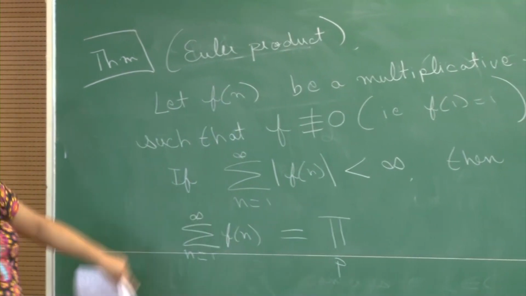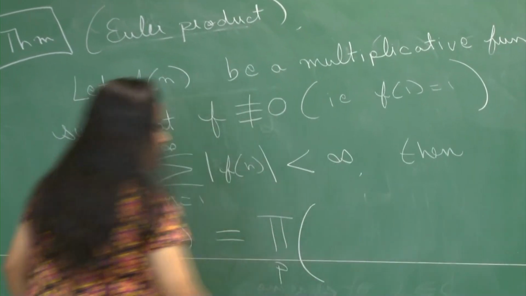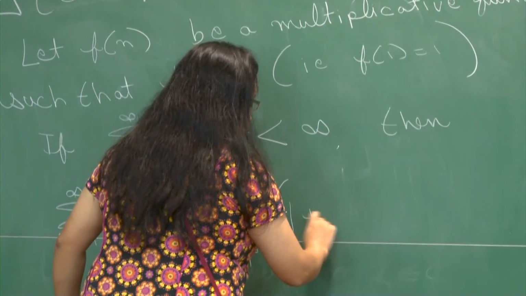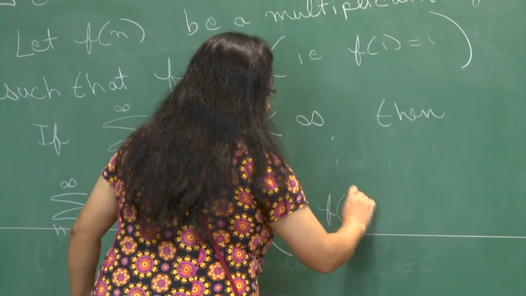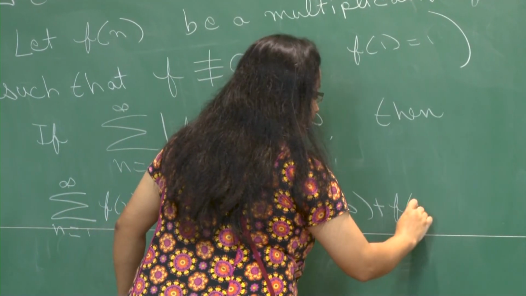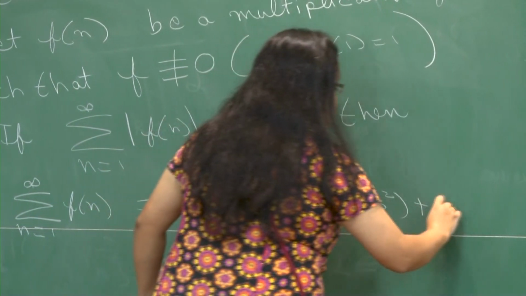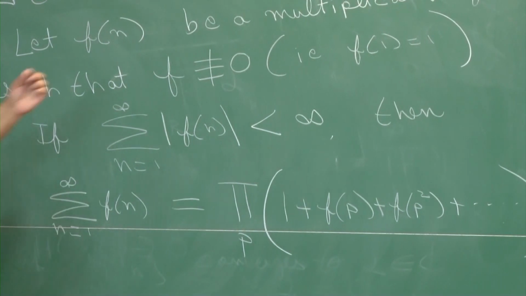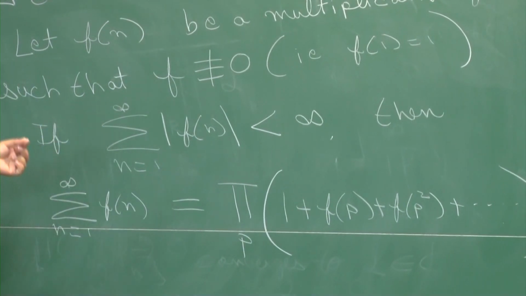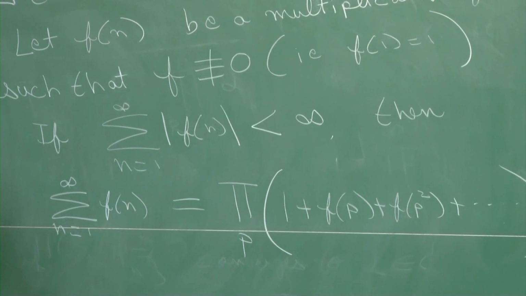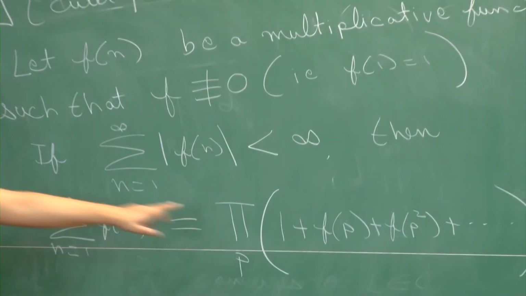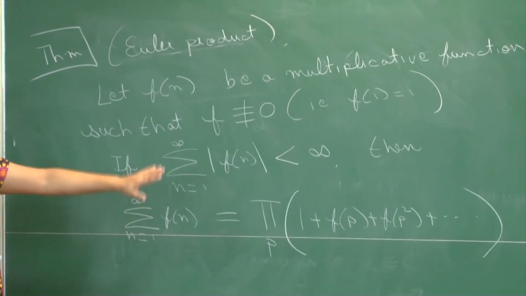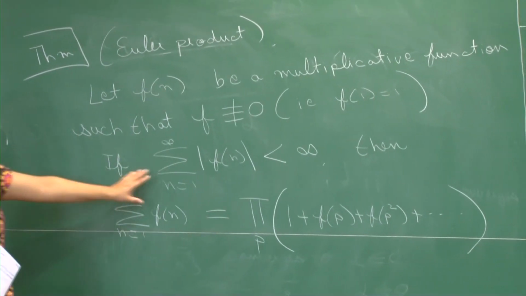Each factor is of the form 1 plus f of p plus f of p squared and so on. This is an infinite sum corresponding to the values of the function at prime powers. For each such prime you consider such a sum, and the product of all these terms will end up giving you the infinite sum.